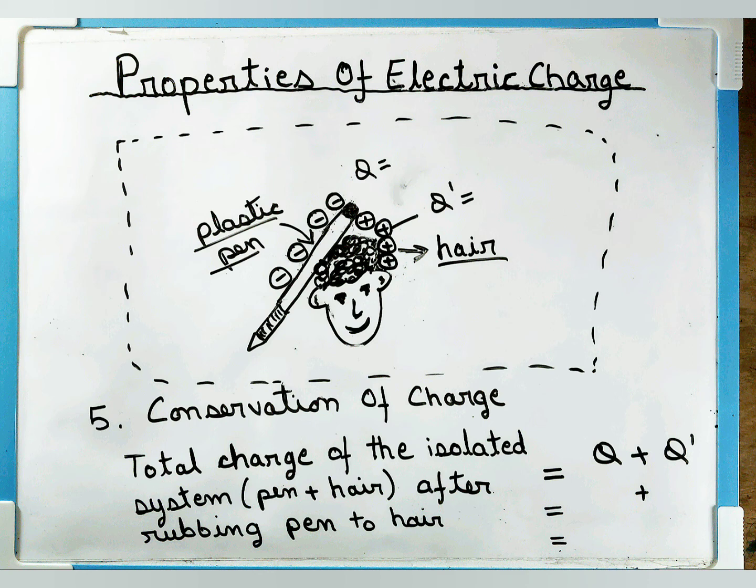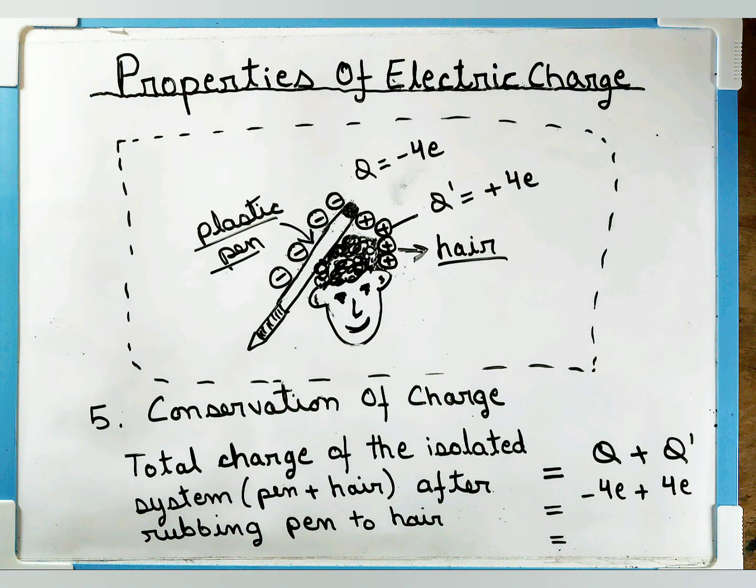Now, using the additive nature of charge or quantization of charge, we can find the amount of charge which the plastic pen has and the amount of charge which the hair has. So here, the plastic pen, using quantization of charge, has a charge equal to minus 4e, and the hair has a charge equal to plus 4e.